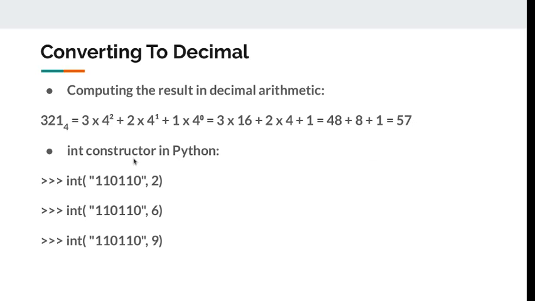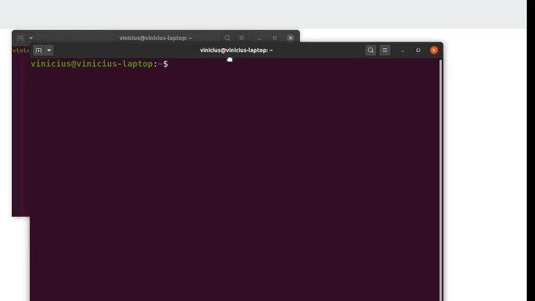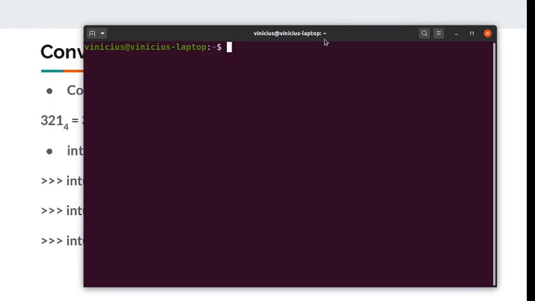And for example, I can show you a really good one: there's a constructor, the integer constructor in Python, that you can use to convert from any base to decimal.